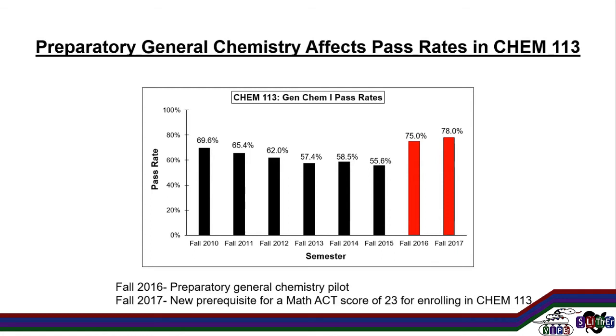And I only gave a D, F, or W to 2 students in that whole time that I taught the off-sequence Gen Chem 1. So, in a nutshell, this course was working for them at our institution.